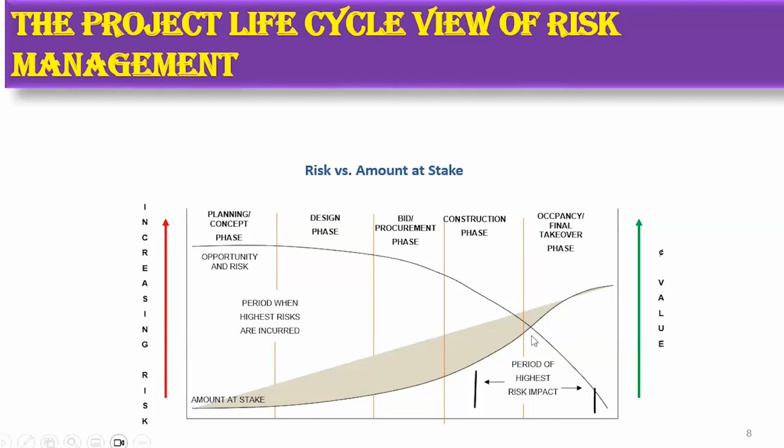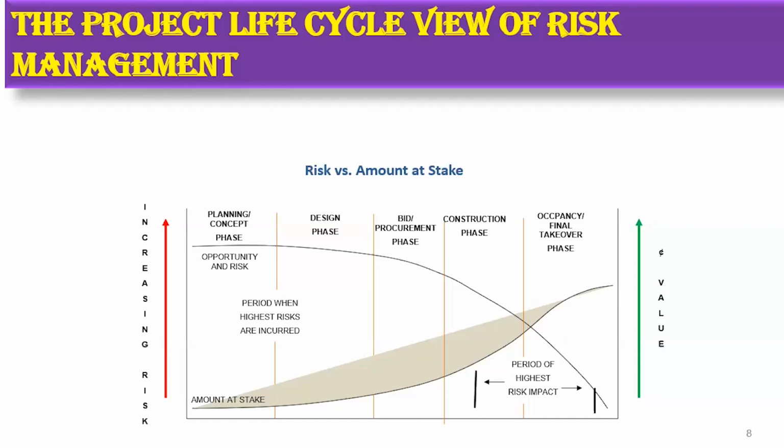However, at this point where the two curves intersect, especially where I've put the arrows, are the highest points where the impact of risks, the failure of the project, is highest. In assessing project risk, we talk about the likelihood, the probability, and the impact.